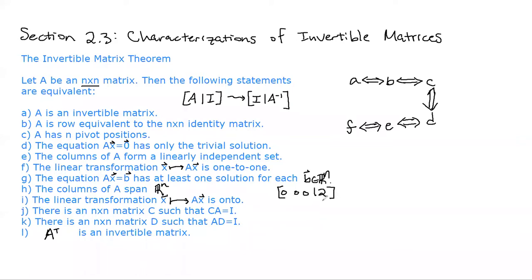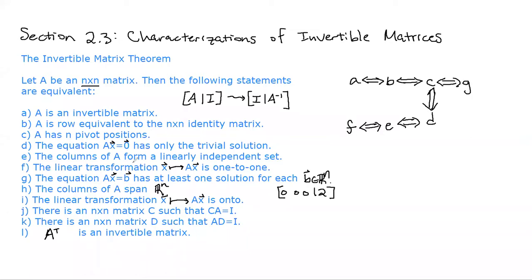We can't ever have this because if we have a pivot in every row, we don't have this row of zeros, so we can never have an inconsistent system. Well, we have n pivot positions, that's what property C says, and there are n rows, which means that we have a pivot position in every row, so property C is saying the same exact thing as property G.